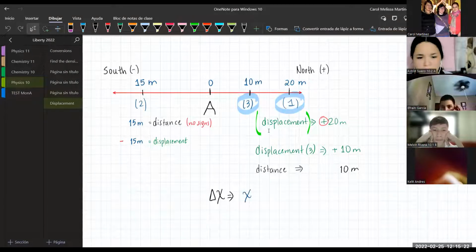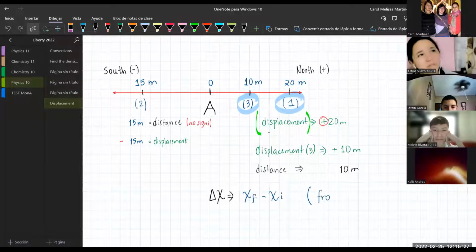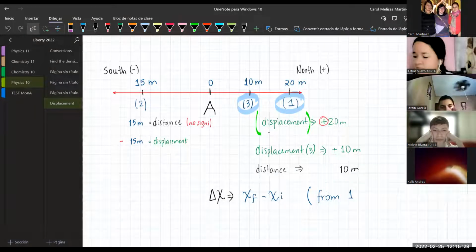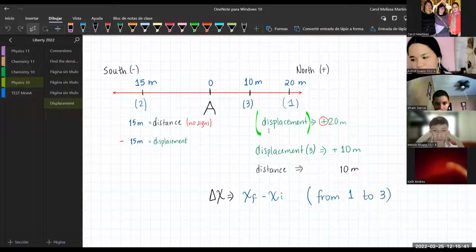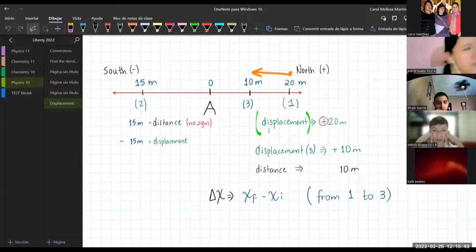Okay? So, because here we're talking about from point 1 to point 3, we're going to consider those points only. So, we are moving specifically from 1 to 3. What is going to be my initial point? 1 or 3? 1.